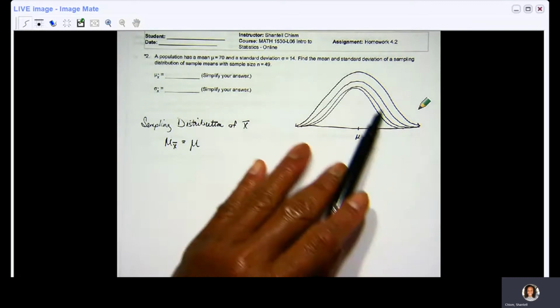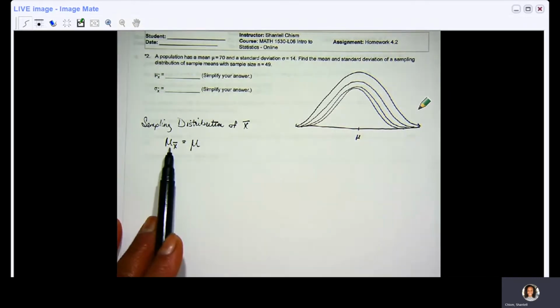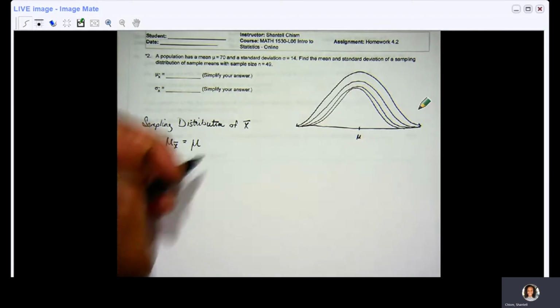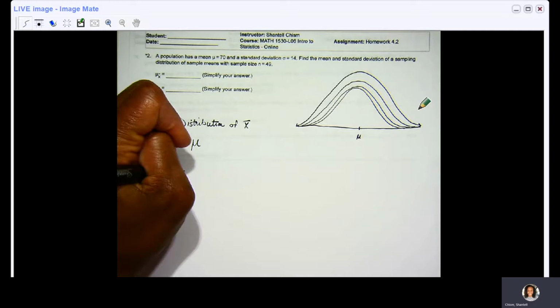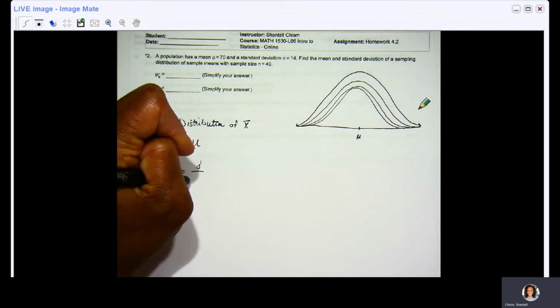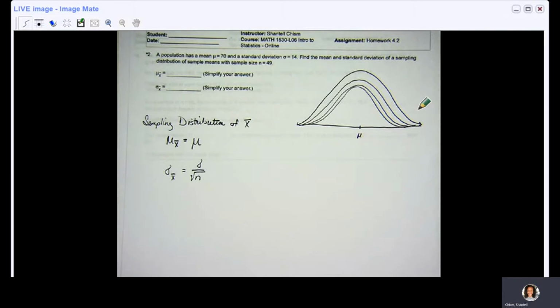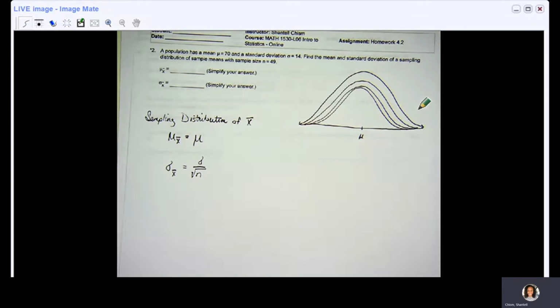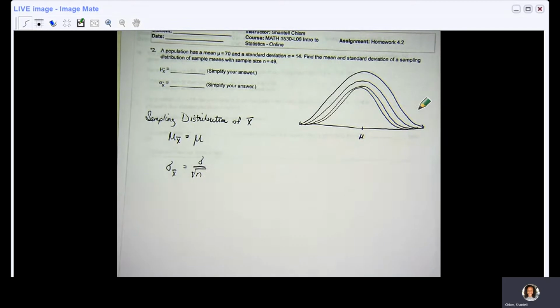So whatever you were given for the entire population, that sampling distribution for X bar has that same mean mu value. Now, the standard deviation for that sample will be equal to the original standard deviation divided by the square root of the sample size. So what does that mean? Remember the original standard deviation for a population, sigma, represents the spread of the data, or how far the data ranges from the mean.